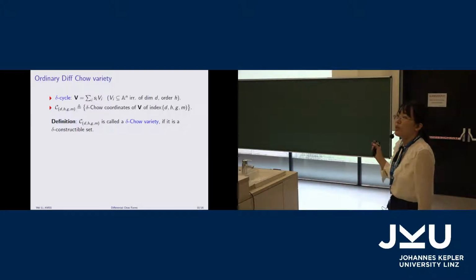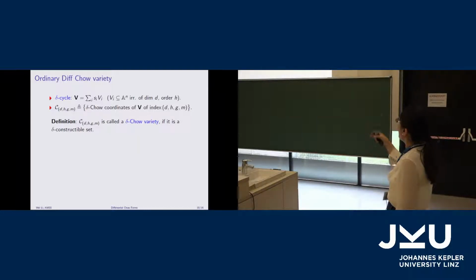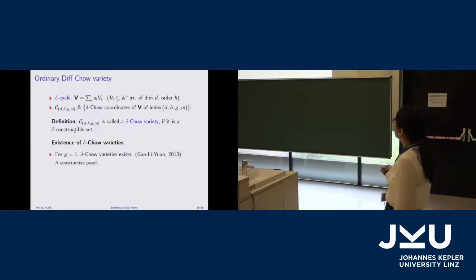This definition is reasonable because in algebraic geometry, if we consider the Chow variety for algebraic cycles in the affine space, it is also not projectively closed. It is a constructible set. So for differential varieties in the affine space, we also define it in this way.